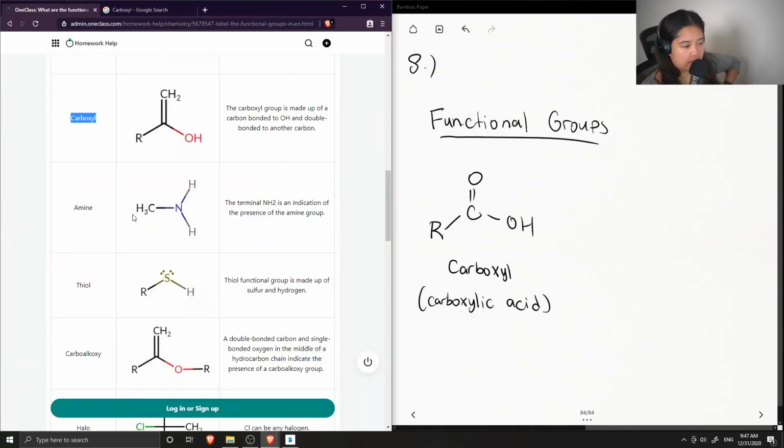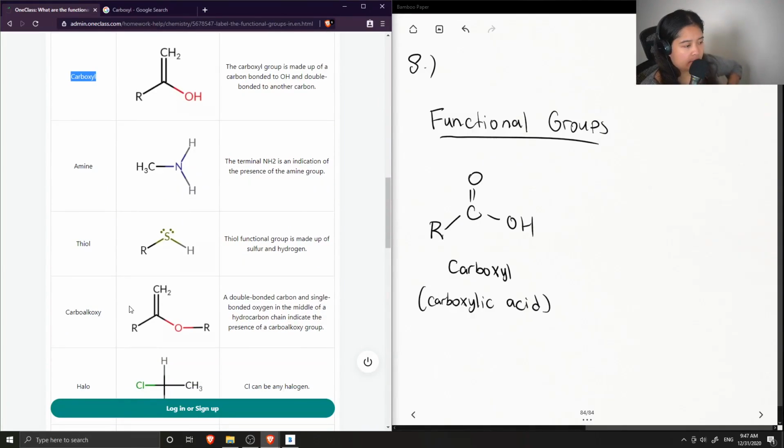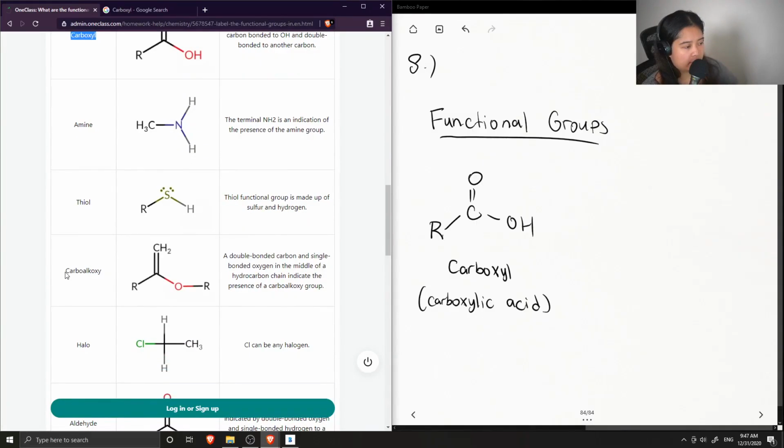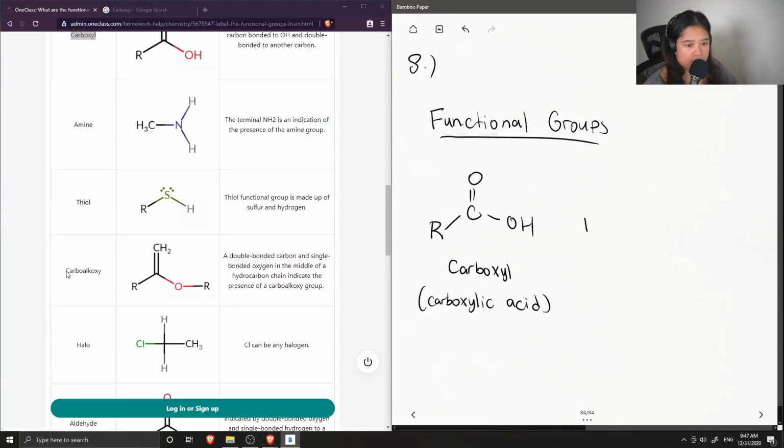So the same thing down here when they say carboalkoxy, it's actually not a double bonded carbon. It is a carbon that is double bonded to an oxygen and single bonded to another oxygen in the middle of a chain.